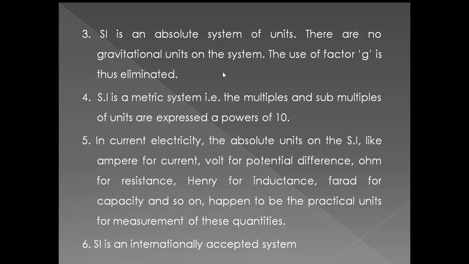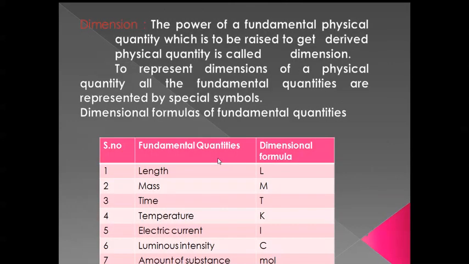Because they are well defined, SI units can be easily reproducible. That is also an advantage. It avoids confusion because it is an internationally accepted system. So all these are the advantages of the SI system.